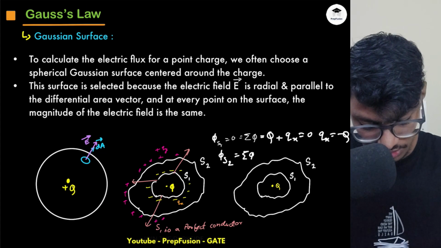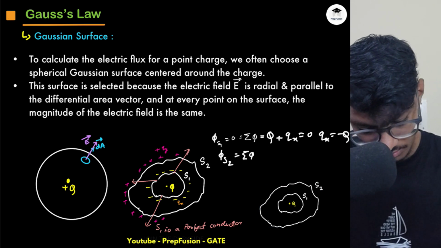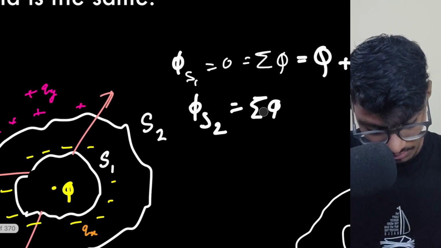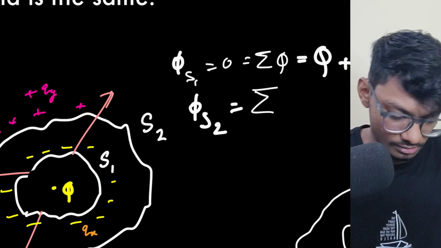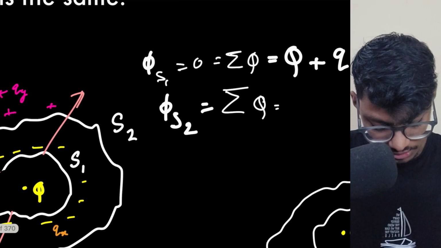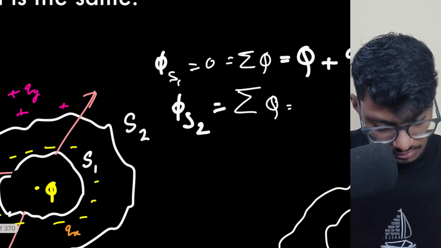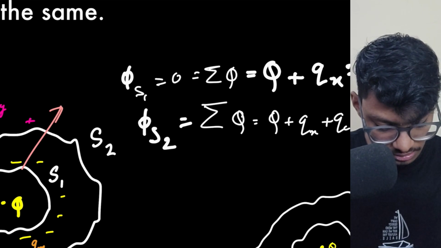So it is simply equal to Q plus Qx plus Qy.